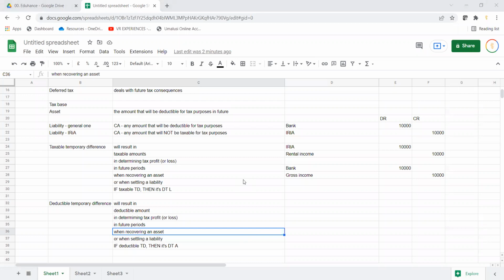When they talk about the recognition of a deferred tax asset or deferred tax liability, the accounting standard says that you will recognize a deferred tax asset when you have a deductible temporary difference.